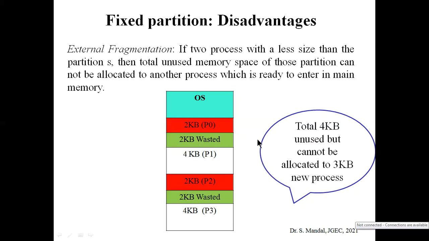Now consider that another new process is ready to be executed. Suppose process P4 whose size is 4 kilobyte is trying to be loaded into the main memory. Although 4 kilobyte of memory is available to us, it cannot be allocated to the new process, because the size of that process is either 3 kilobyte or 4 kilobyte, so it cannot be allocated in this unused area.